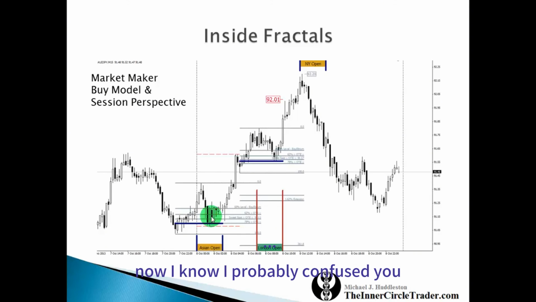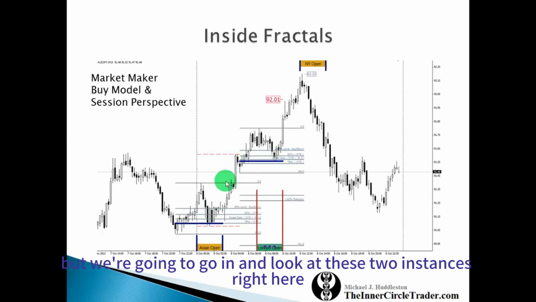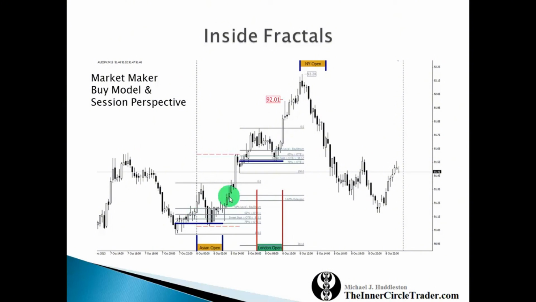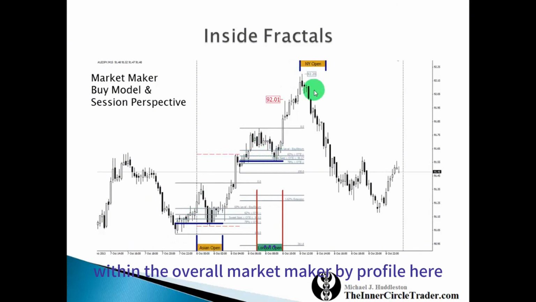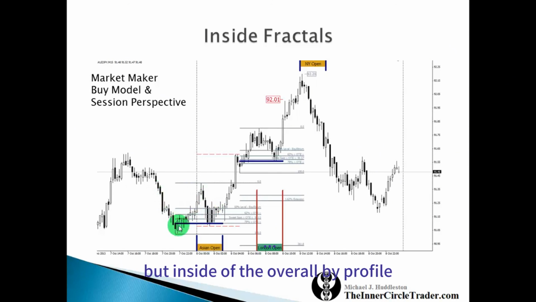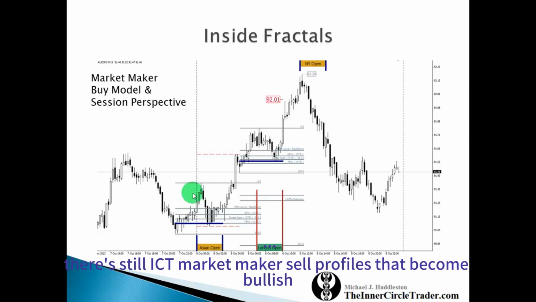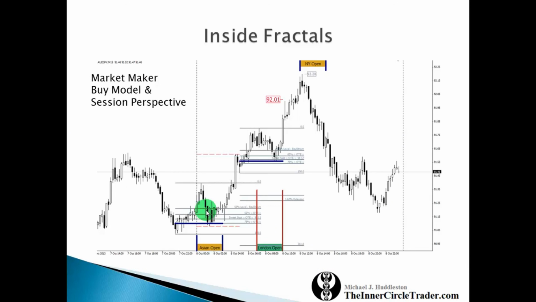Now I know I probably confused you, but we're going to go in and look at these two instances right here and see how that works within the overall market maker buy profile here. But inside of the overall buy profile, there's still ICT market maker sell profiles that become bullish. Okay, so I know I probably confused it, but let's go into actual price charts and you'll see a lot more clarity.